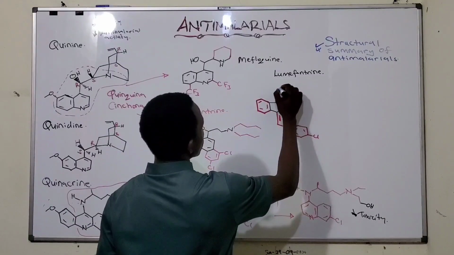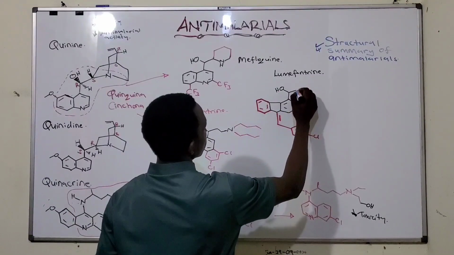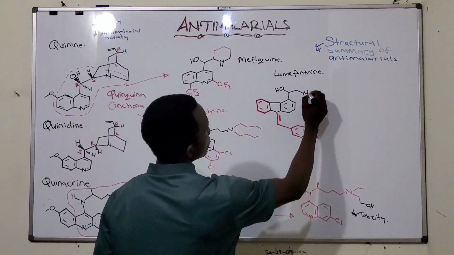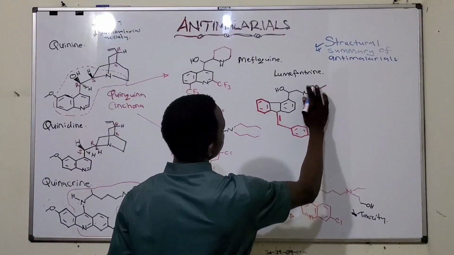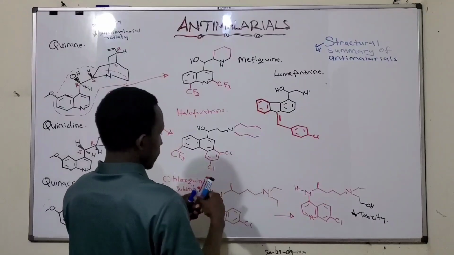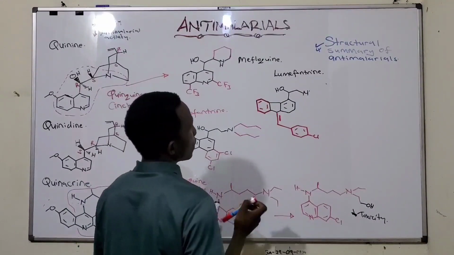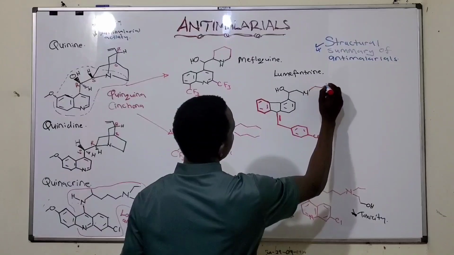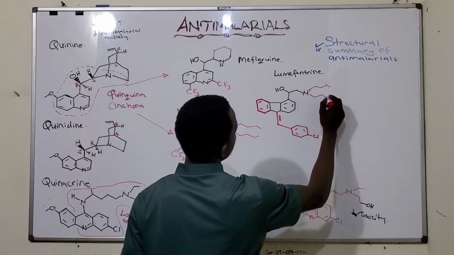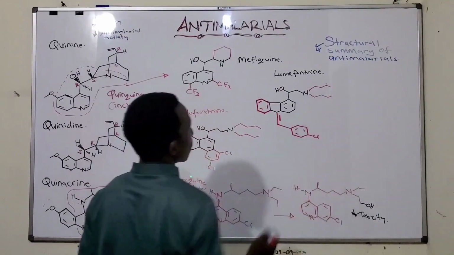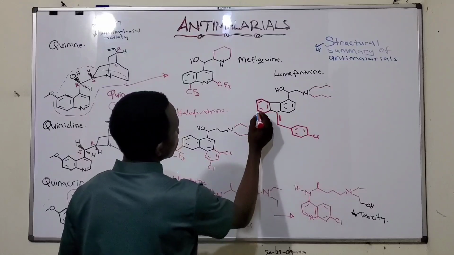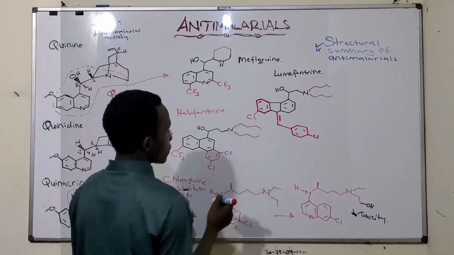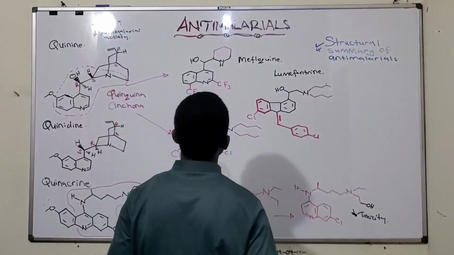We have OH, and here we have a nitrogen and butane. So the groups in red are the groups which were added, or the modifications. Also here we have a chlorine. That is romifantrin.